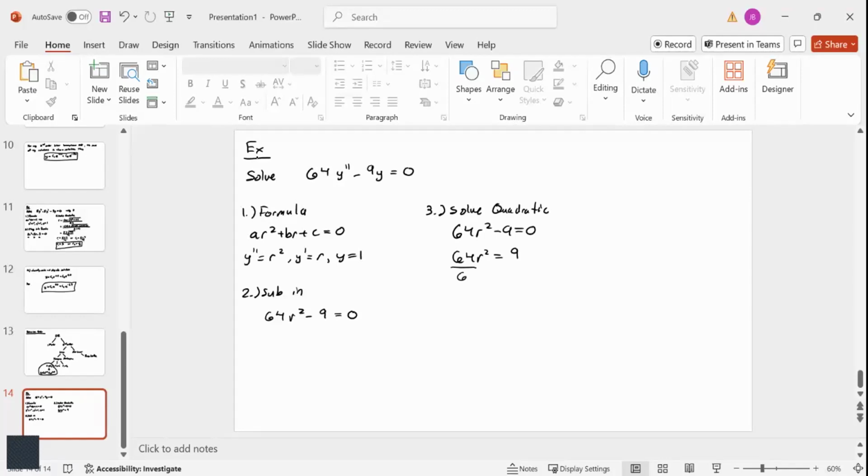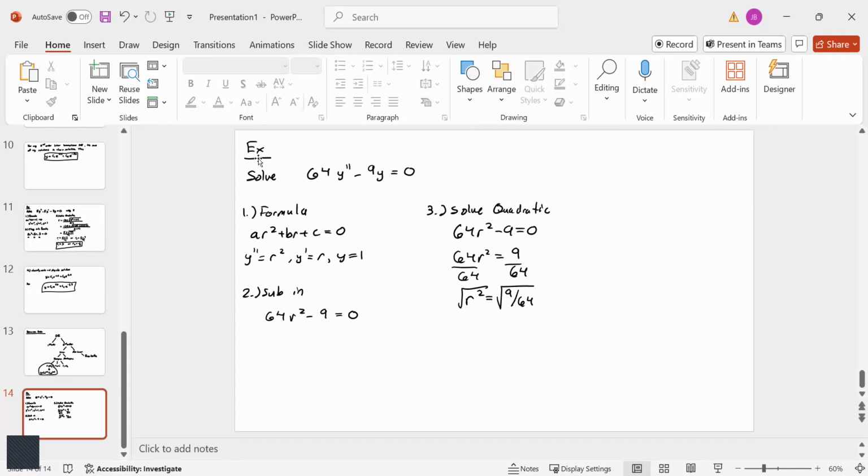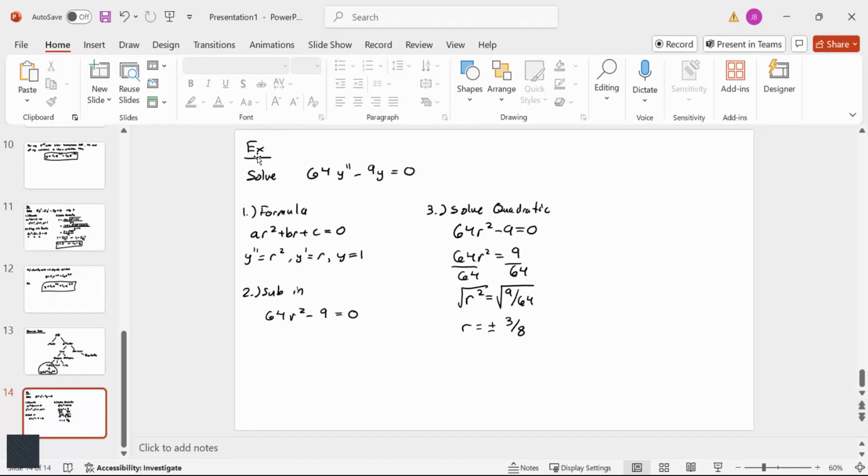You can divide both sides by 64, and that would look like that. Probably is divisible, but I'm just not seeing it in my head. So I'm going to take the square root of both sides, like that. And then r is equal to plus or minus 3 over 8. There you go. That's the answer.